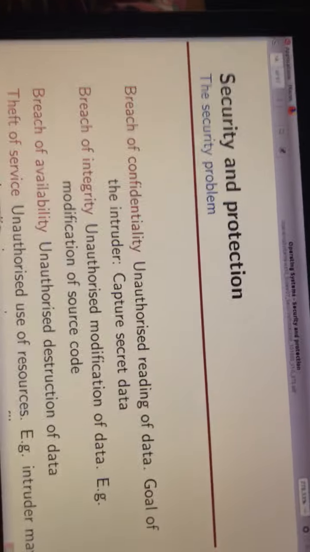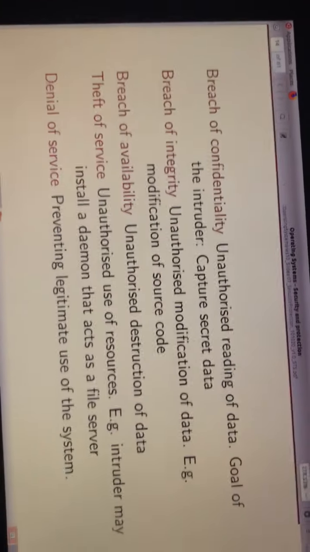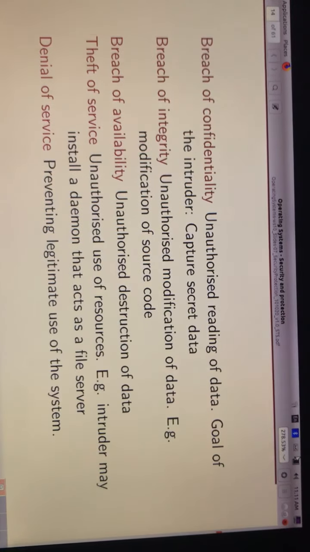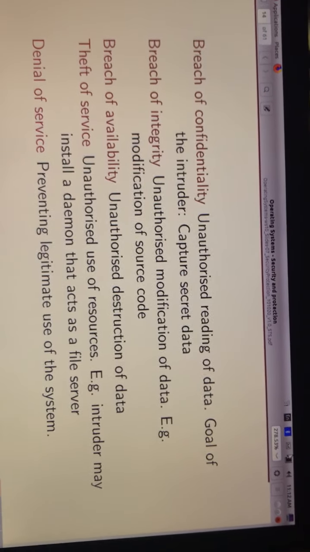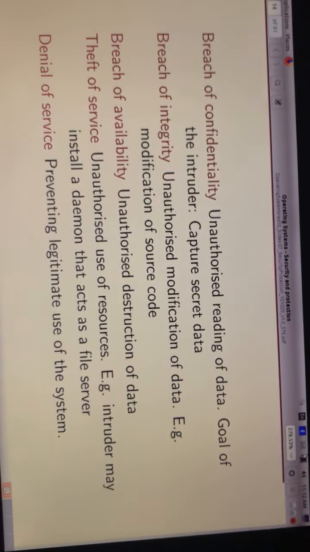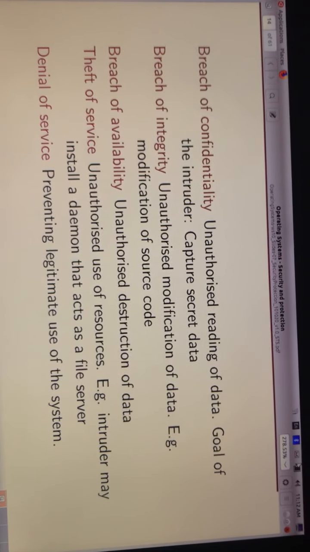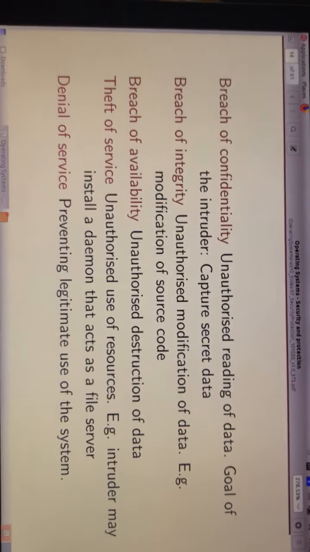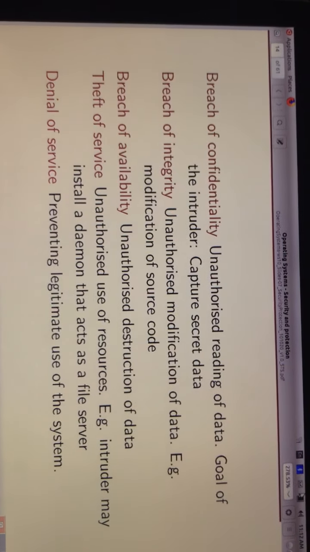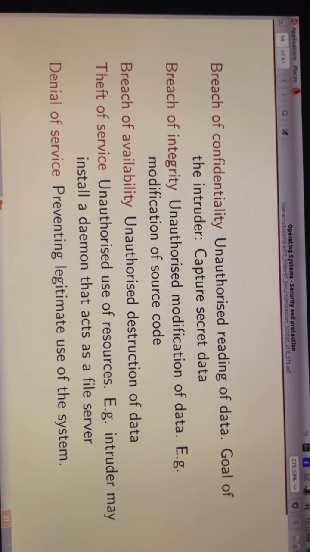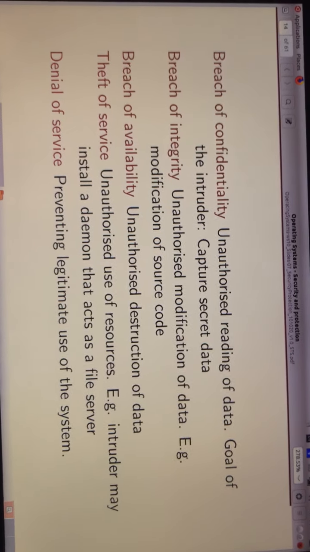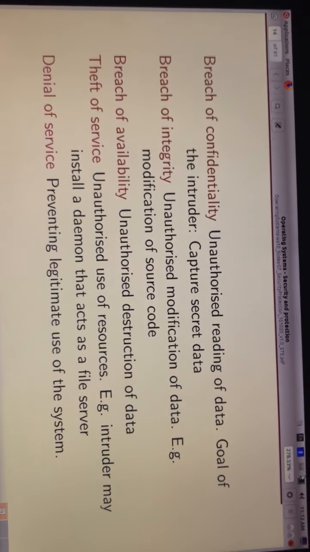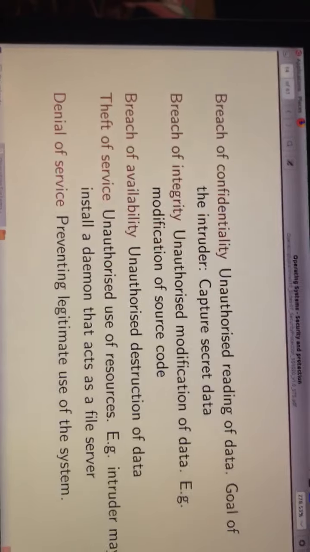Second, breach of integrity: unauthorized modification of data. Then breach of availability: unauthorized persons destroying the corresponding data. Then theft of service: unauthorized use of resources. Then denial of service: preventing legitimate use of the system.